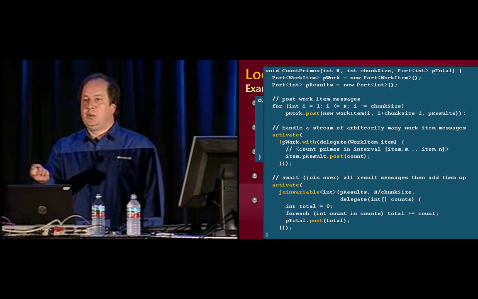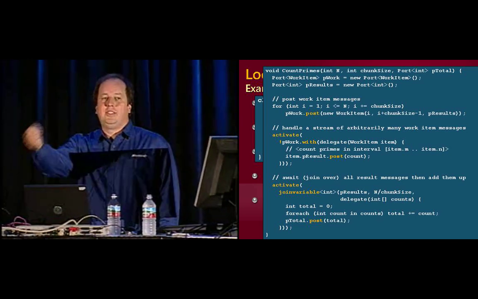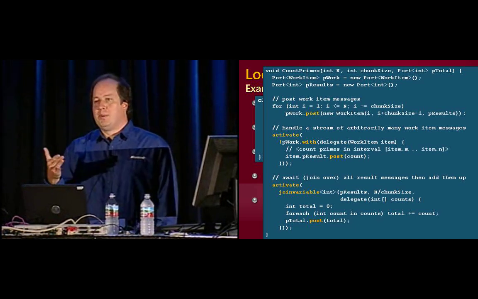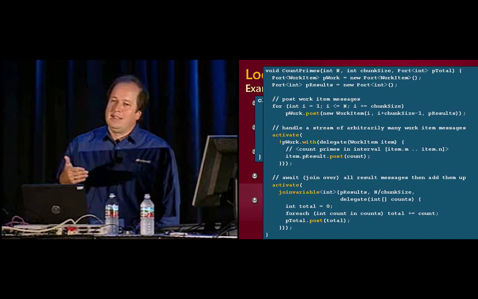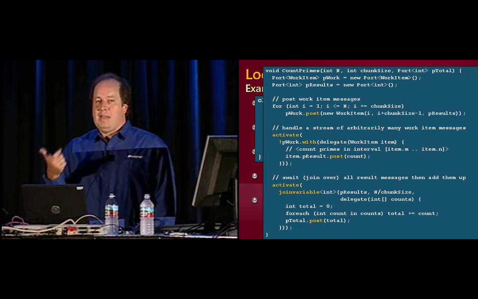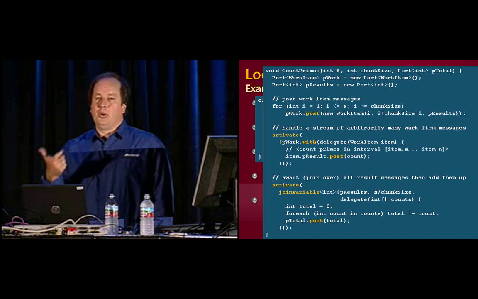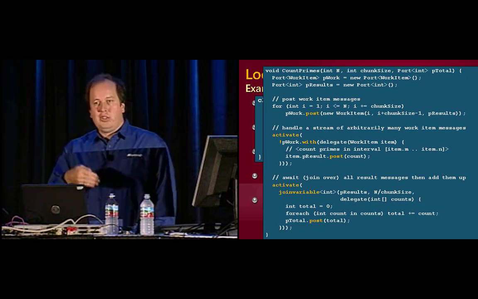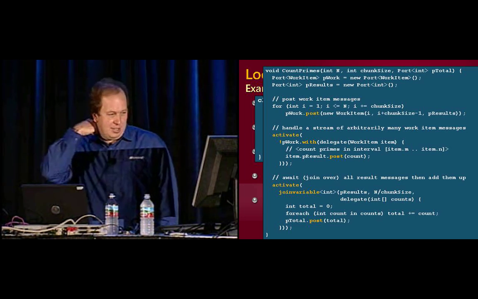All the communication between the tasks is by posting a message on a port of another task. You respond to that message by installing, that is activating, a message handler. And the message handler can act on a message or a certain pattern or join over a set of messages or an infinite sequence of such messages to invoke a handler that does some computation.